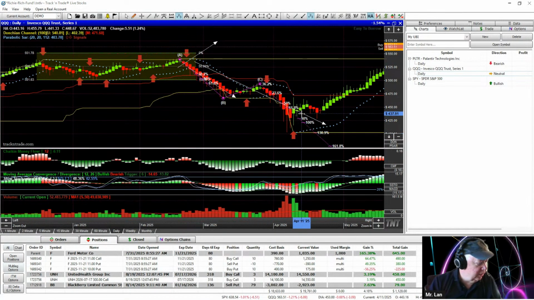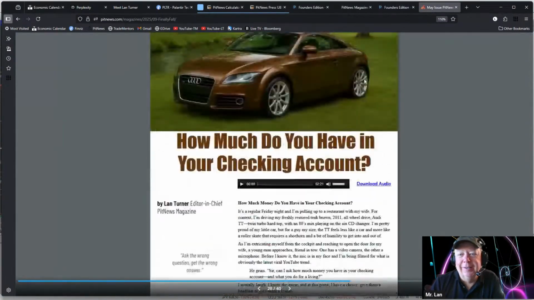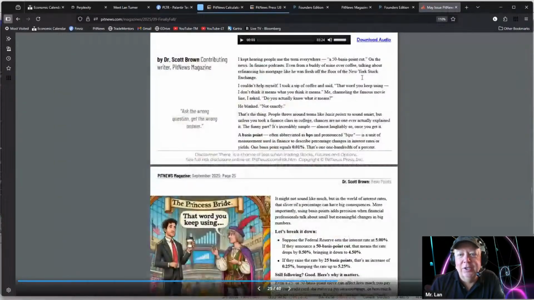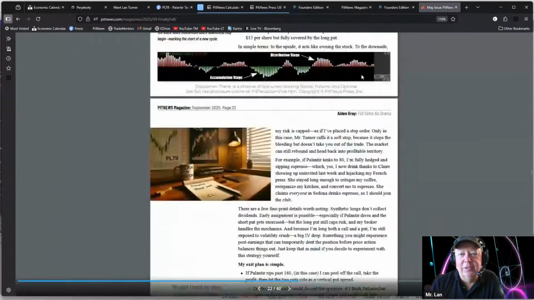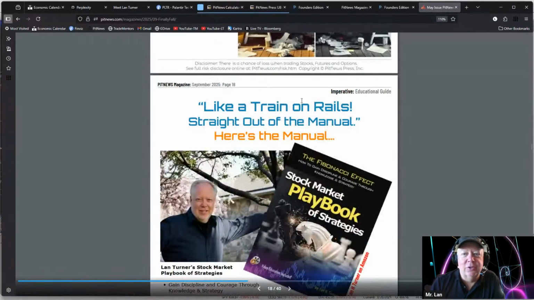Speaking of train on rails, in my magazine, did you guys see this? I changed the title. Some of you are going to notice these funny things that I do, but most of you won't. Like a train on rails. Look at that, right there on the headline.